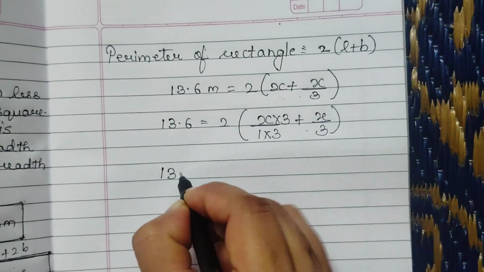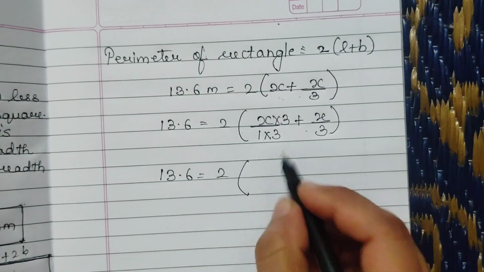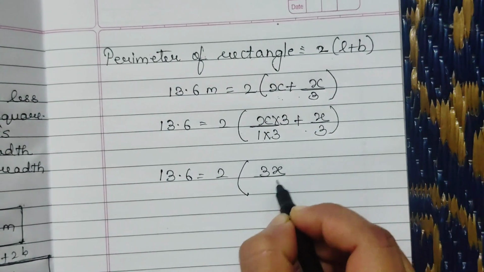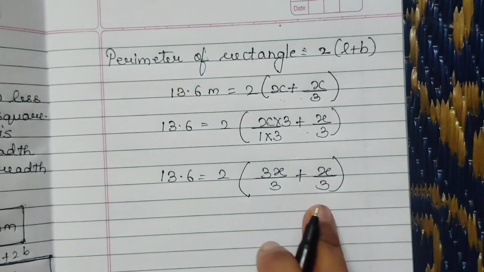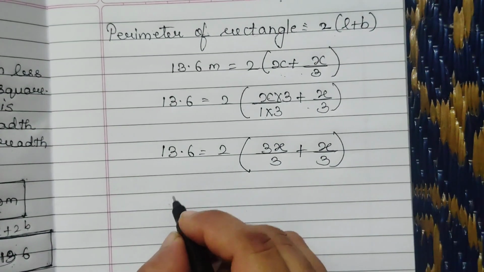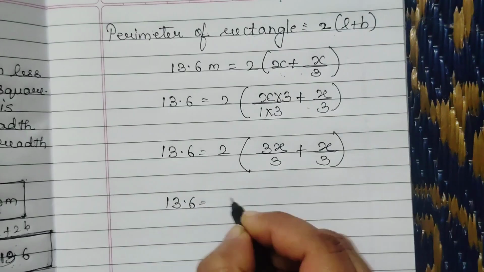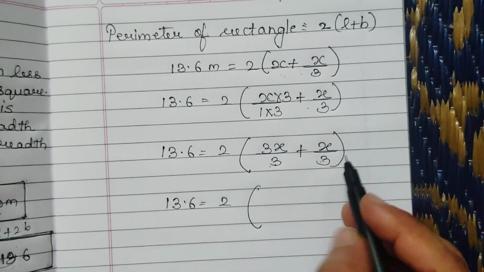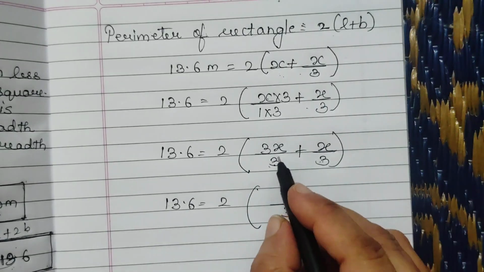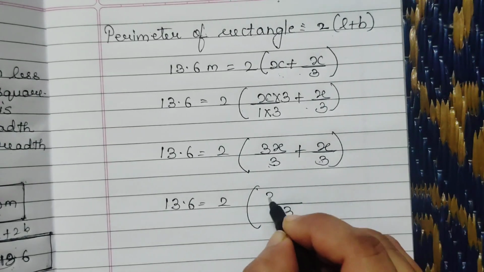So 13.6 is equal to 2. Now here 3 into x is 3x upon 3 plus x upon 3. Now we got the same denominators. Okay, now we'll add that. So 13.6 is equal to twice. Now this 3, since we got same denominators, we'll write as common. And up, what is 3x plus x?